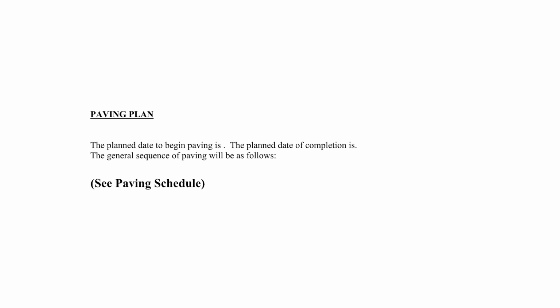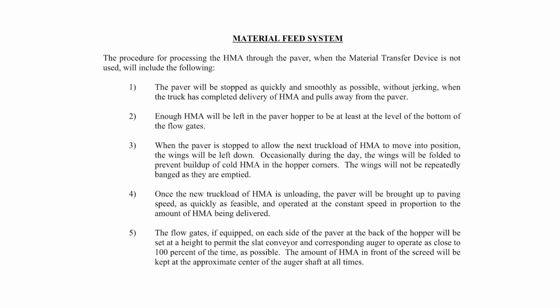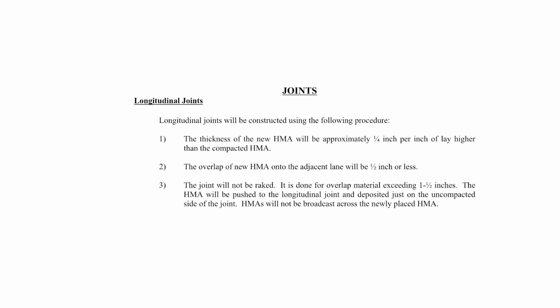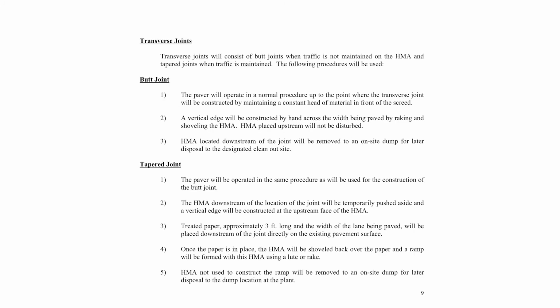So it's a little cleaner than putting it into this document. Material feed systems Jay talked about. Slope controls, all your joints, whether it's longitudinal joints, transverse joints, butt joints, or taper joints, all that's addressed in your QCP.